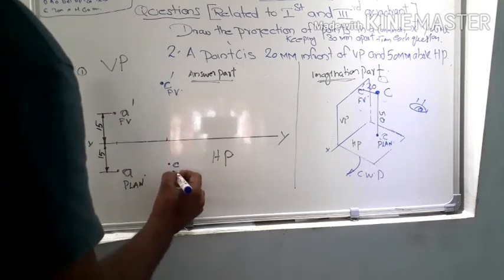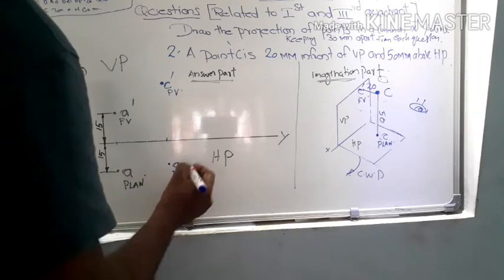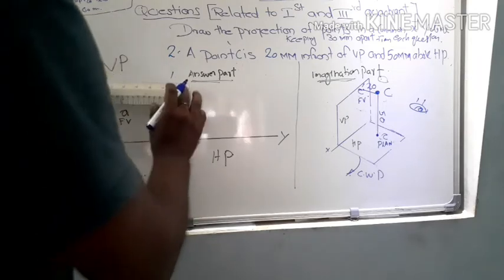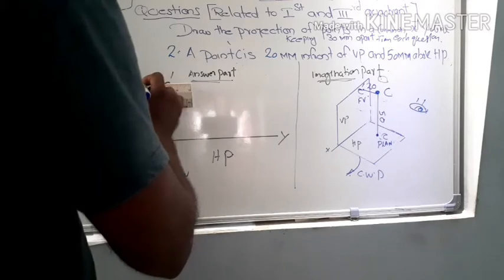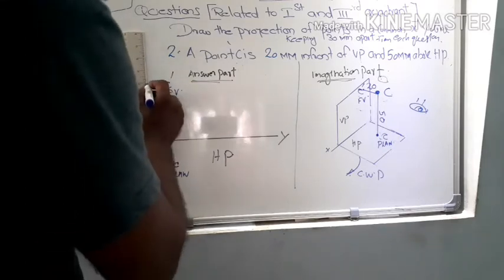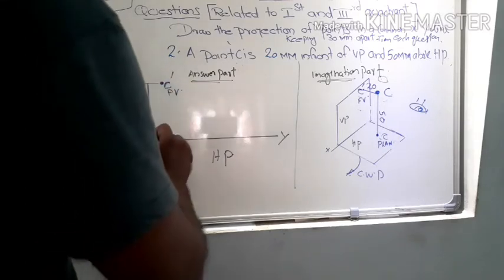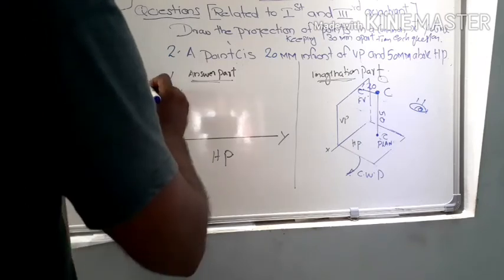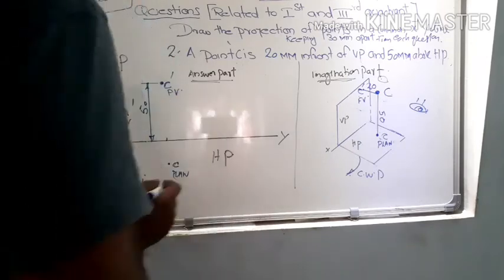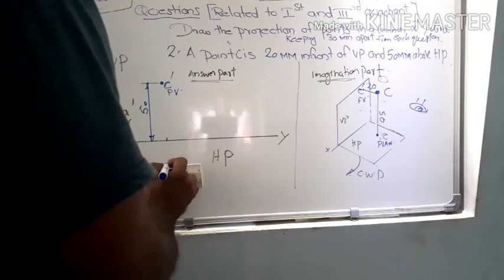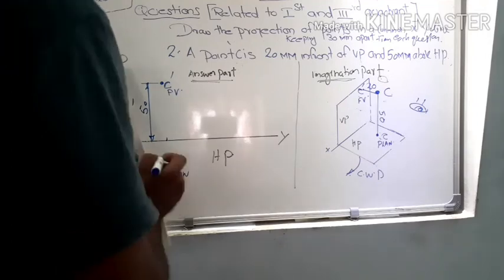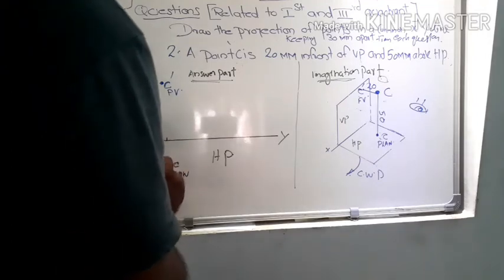This is our plan. Now we have to mark its dimension. This height is 50 mm and this width is 20 mm.